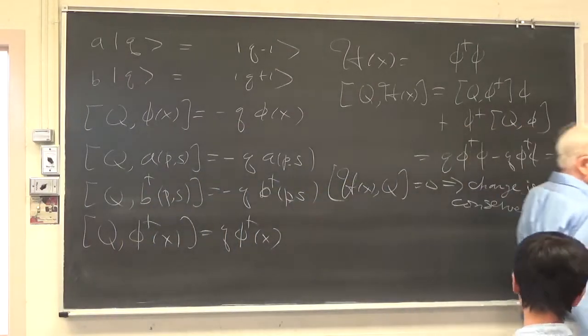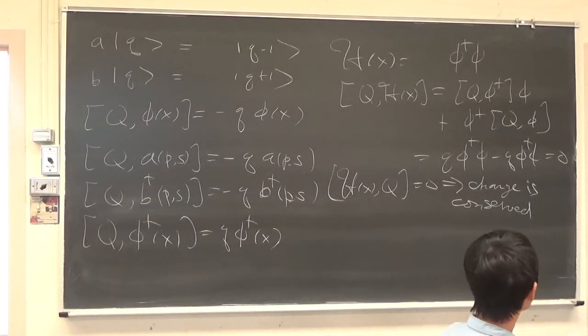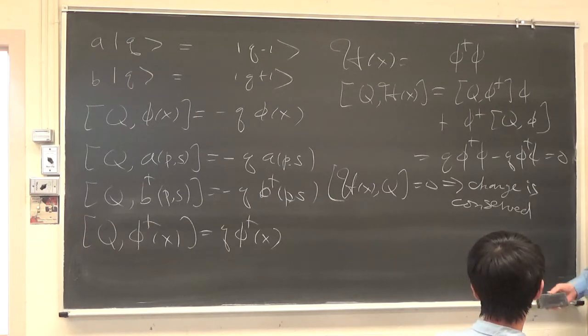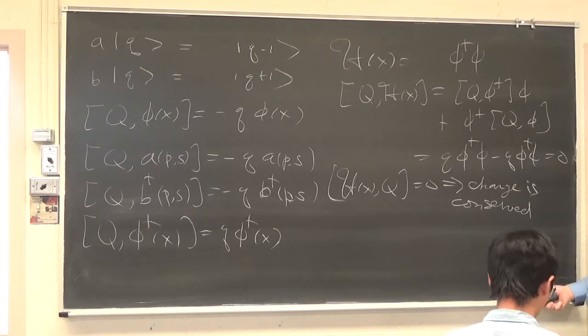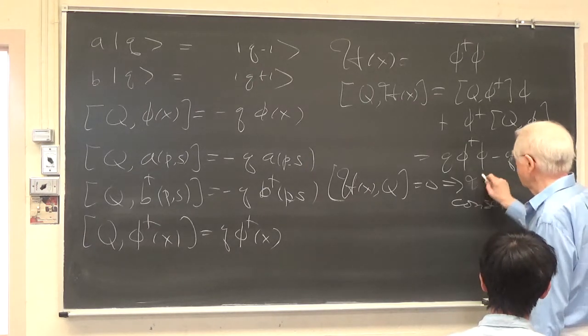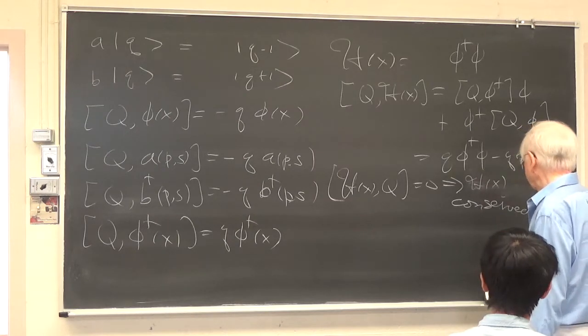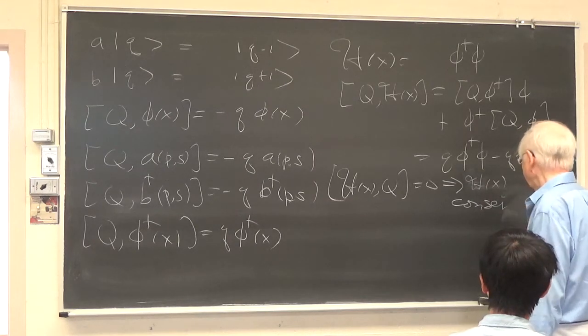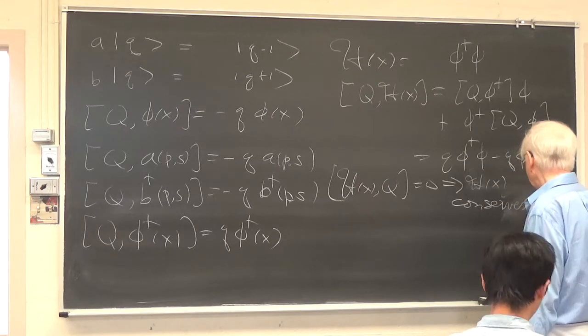Using the passive is always a bad idea. Not always, but almost always. You see here I say charge is conserved, but I'm not saying who's conserving it. What I should say is H of X conserves charge.